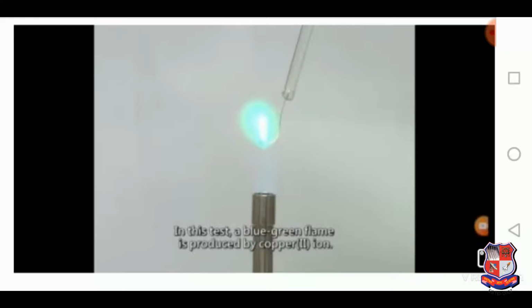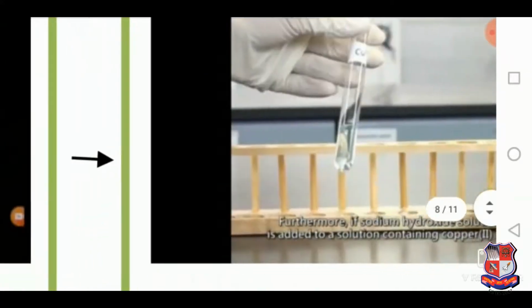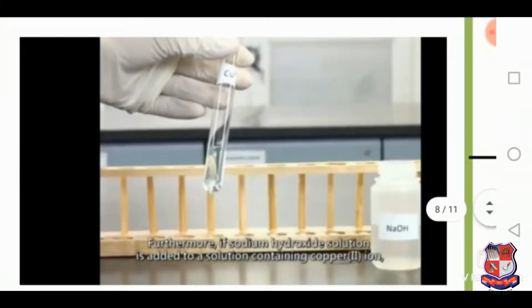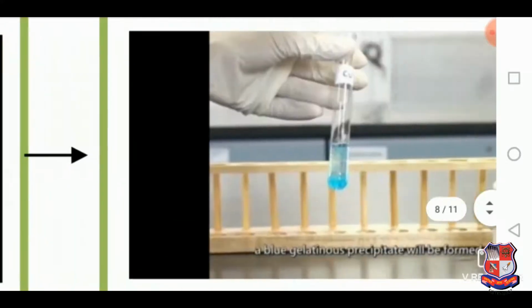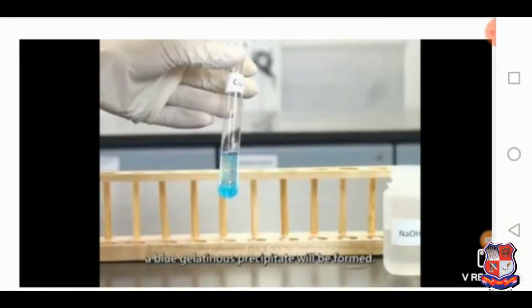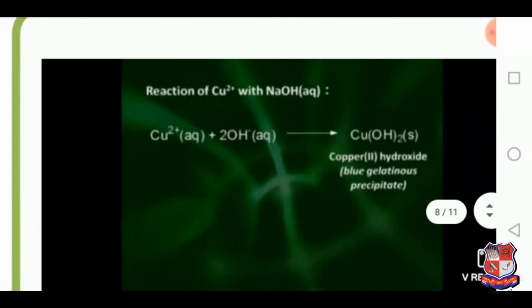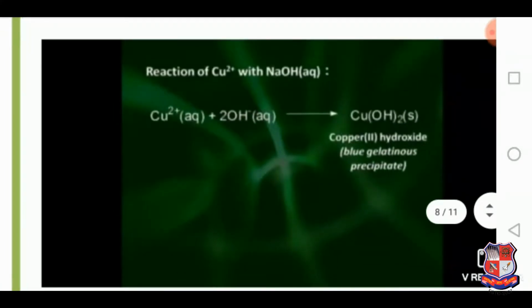Remember the test, in this test, blue-green flame is produced. Furthermore, if sodium hydroxide solution is added to a solution containing copper II ion, a blue gelatinous precipitate will be formed. This is a reaction of copper ion with sodium hydroxide.